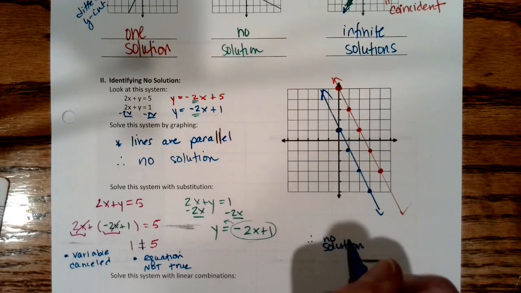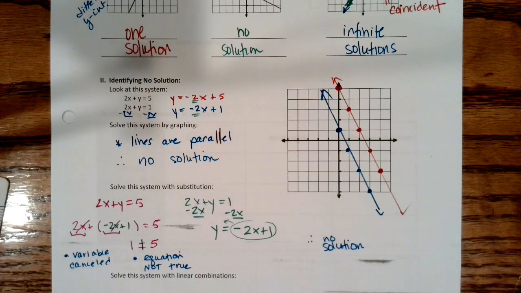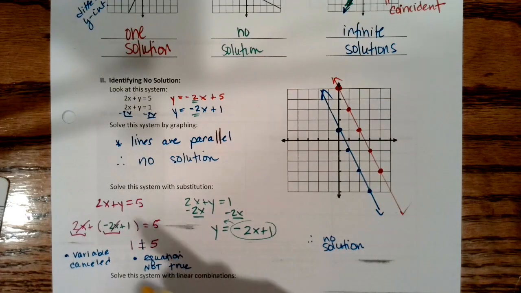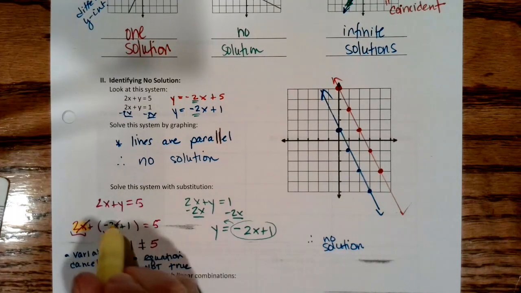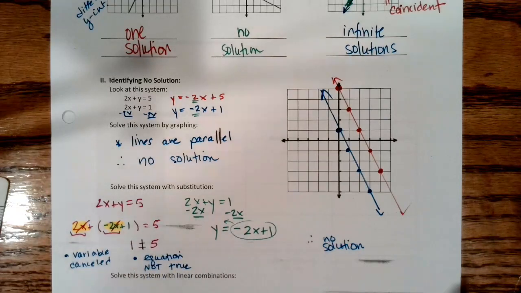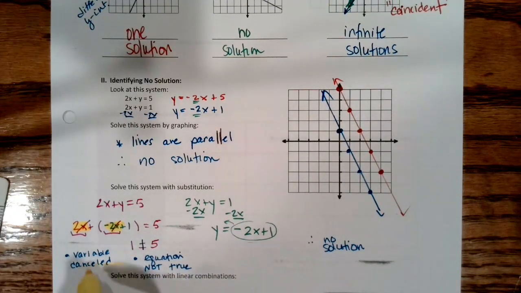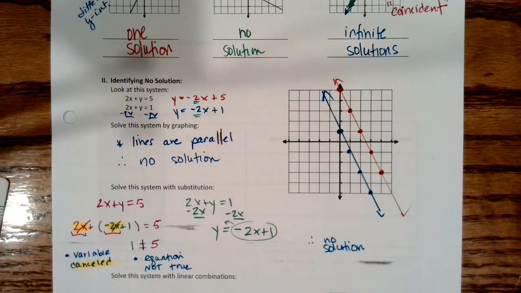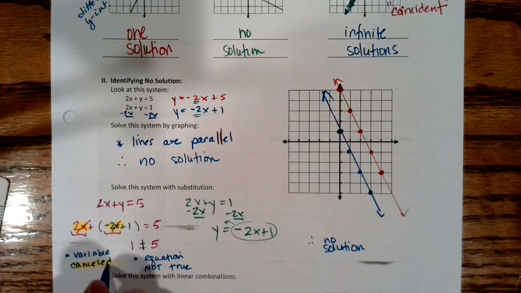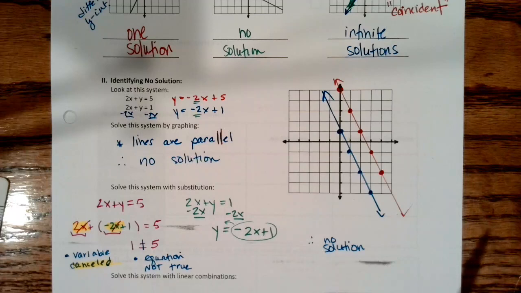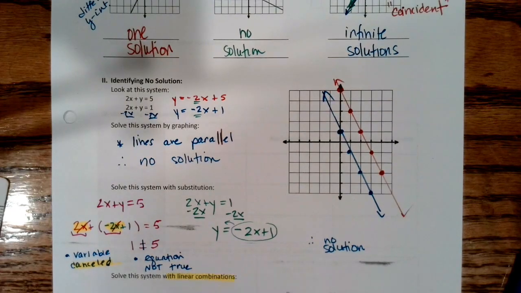When you lose your variables, because they are the same amounts but opposite signs, I end up with them canceling out. If I'm left with a number sentence that's not true, we're going to call that no solution. All right, now we want to solve the same system, except we're using linear combination this time.